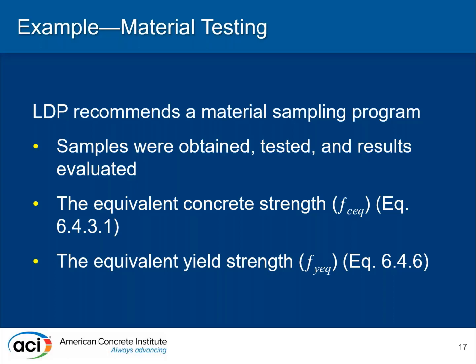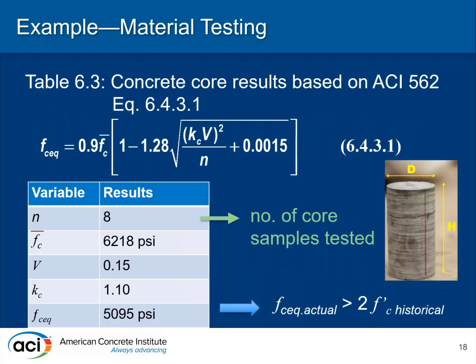And as Mike described in part 2 of the webinar series, it's permissible to take samples to evaluate statistically what the parameters are. So that's determining the equivalent concrete strength and the equivalent yield strength. The concrete core is based on equation 6.4.3.1, and I believe this was discussed in part 2.